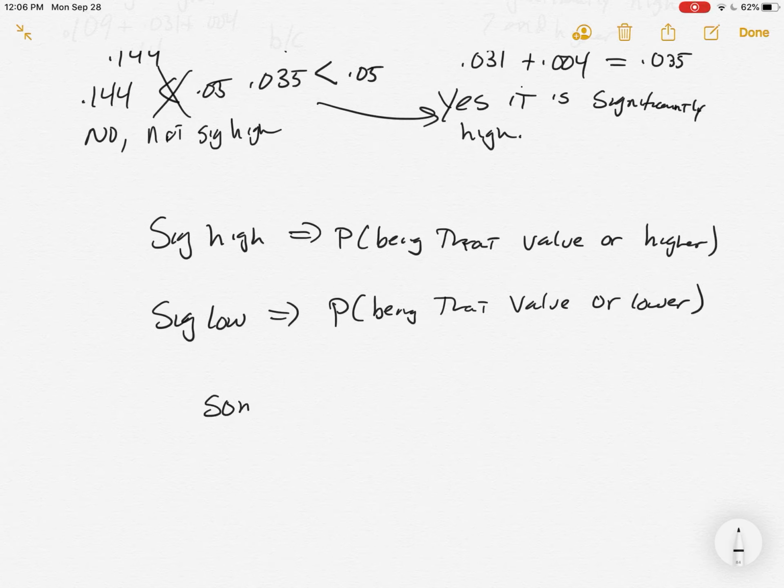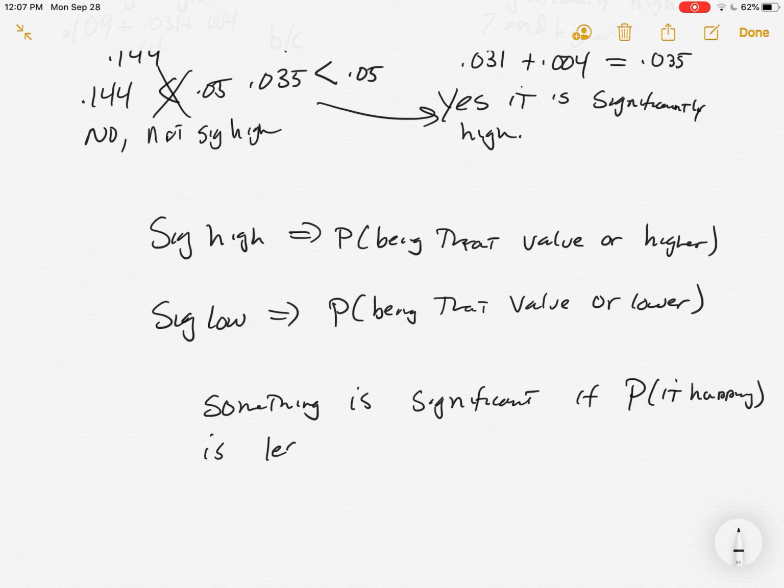Something is significant the same way it was in chapter 1 and the same way it was in chapter 4 if the probability of it happening is less than, I think our book puts or equal to, 0.05, just to stress where that decimal point is.